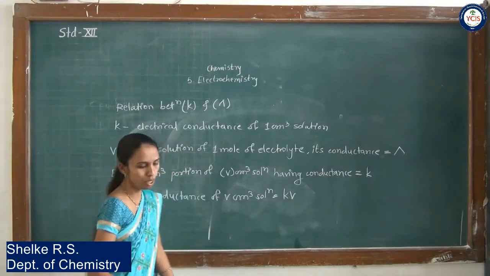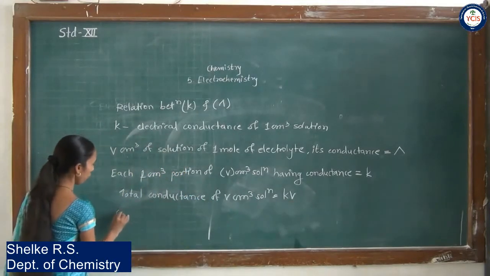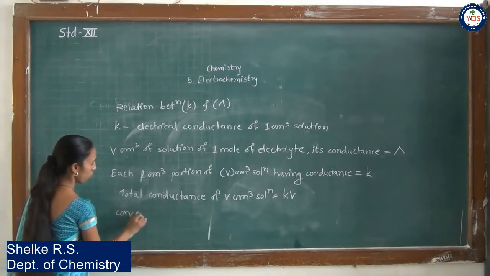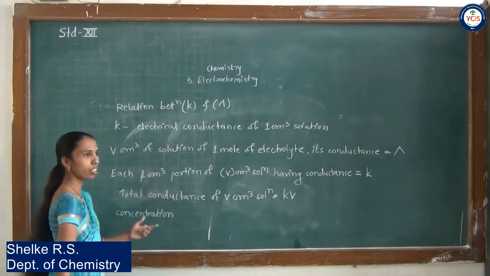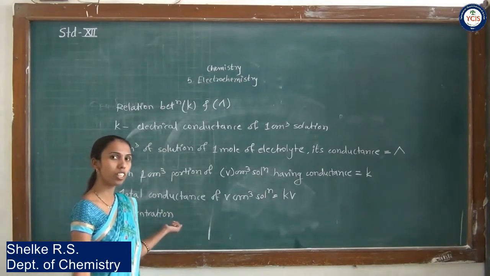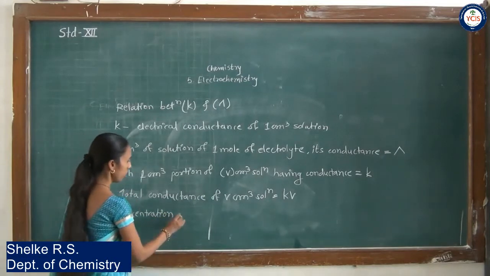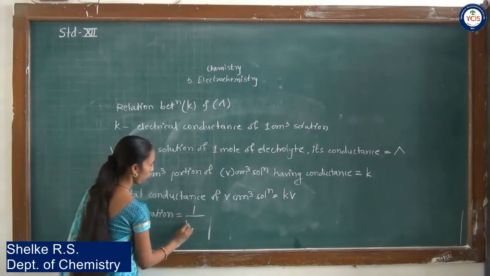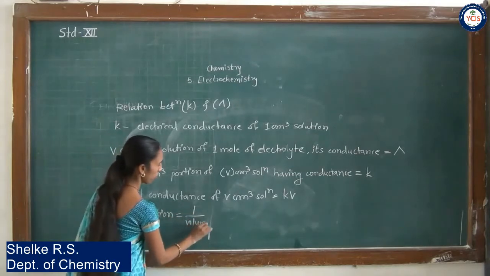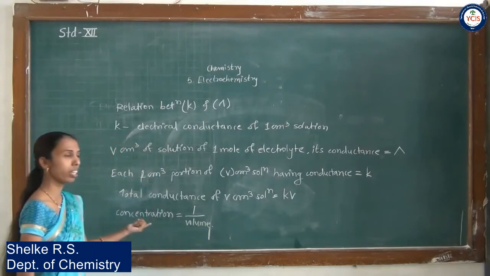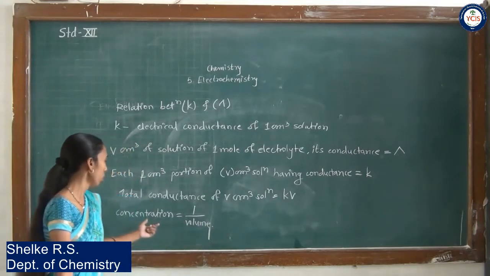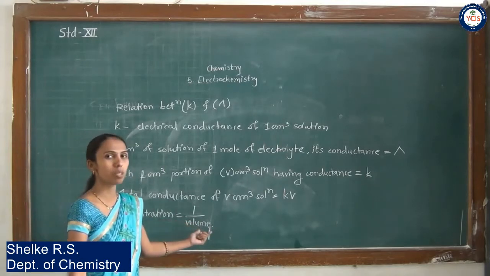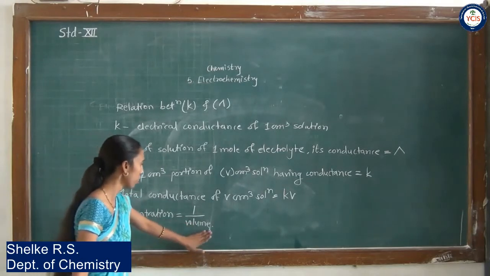Okay, so now the concentration of electrolytic solution which has the concentration of 1 mole is a reciprocal of volume. That is the relation. Okay, concentration of electrolyte of 1 mole, its concentration is reciprocal of volume.